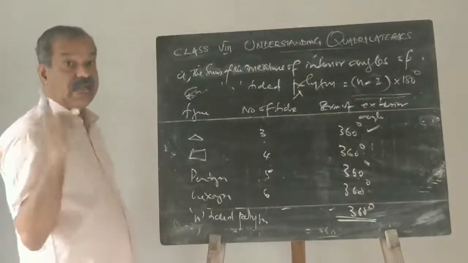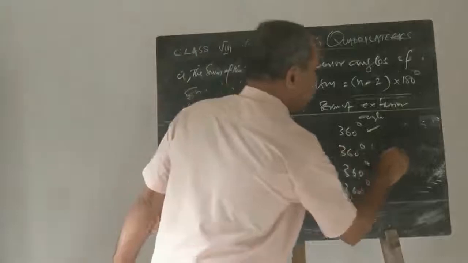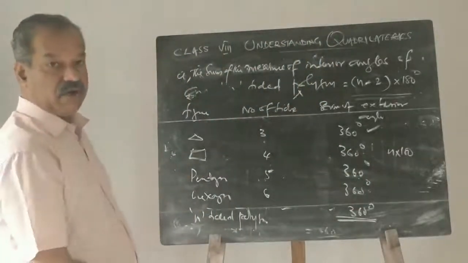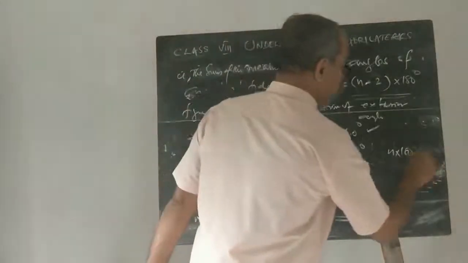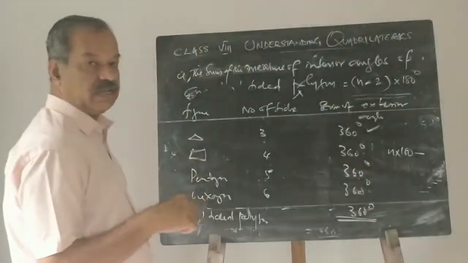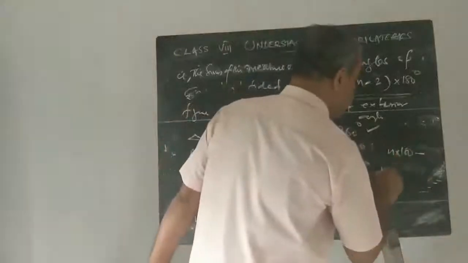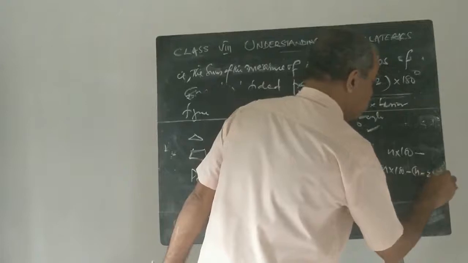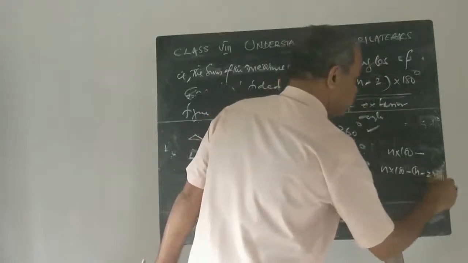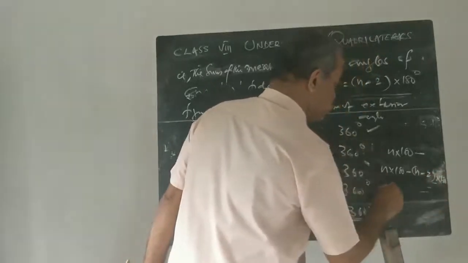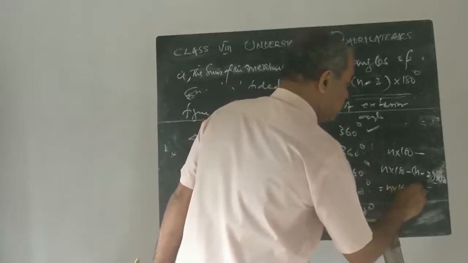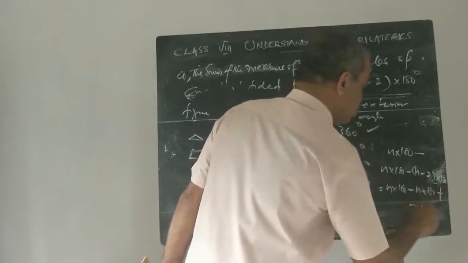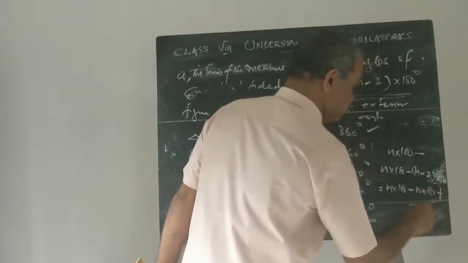N-sided polygon: how many pairs? N pairs. N into 180. What is the sum of the interior angles? (N minus 2) into 180. So N into 180 minus (N minus 2) into 180 equals N into 180 minus N into 180 plus 2 into 180.